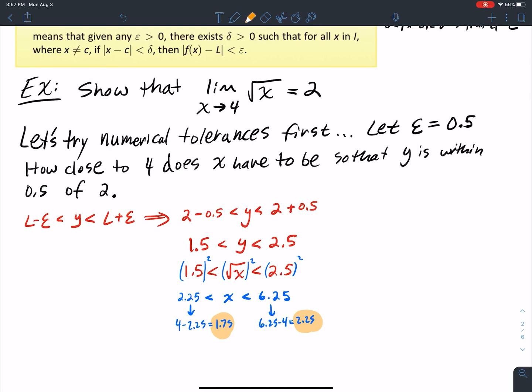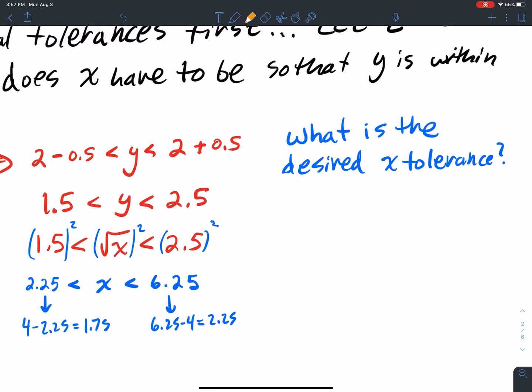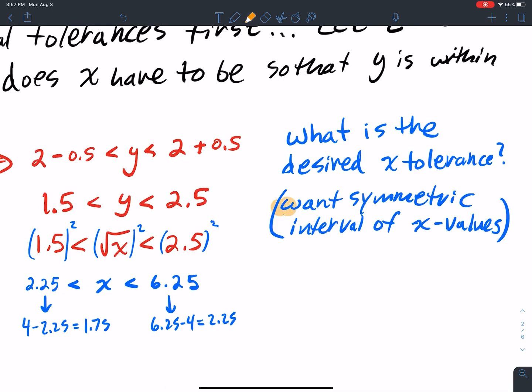So the question becomes, what is the desired x tolerance? Okay, so which one do we pick? Well, I want to have an interval that is symmetric, okay? So the interval of x values is symmetric, right?